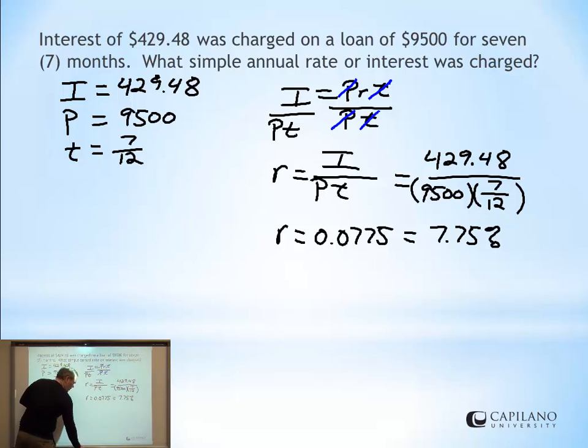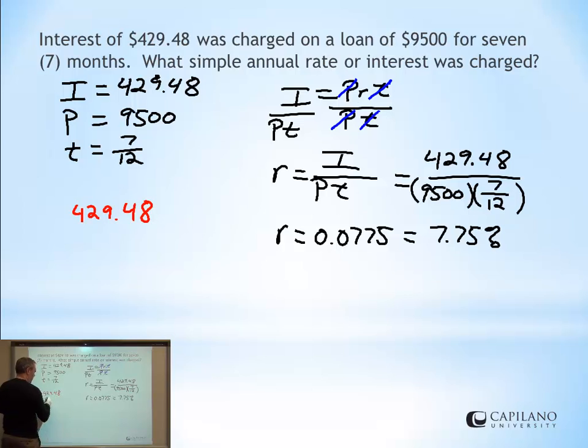And what you're going to make sure you do is $429.48 divided by, and you put brackets here, 9,500 times 7 divided by 12.